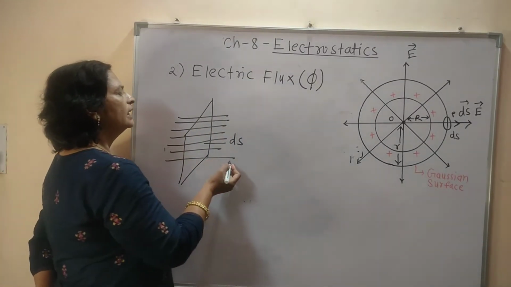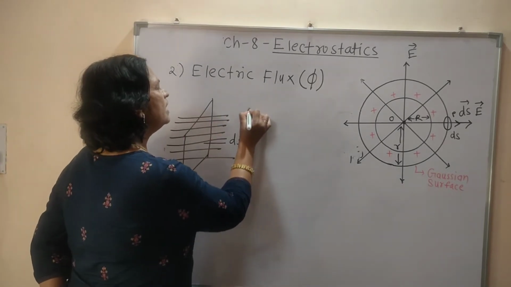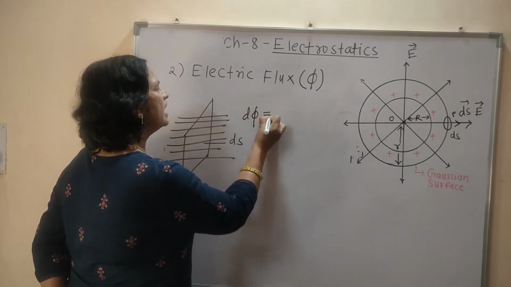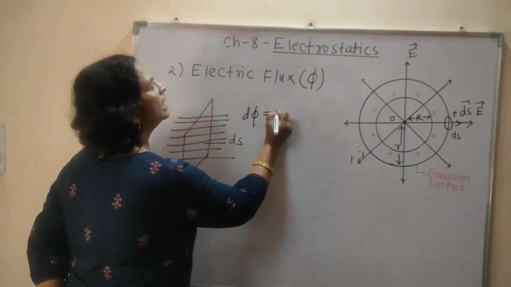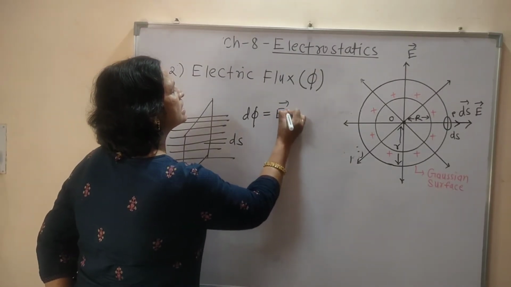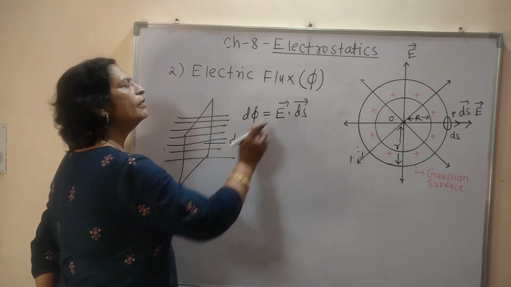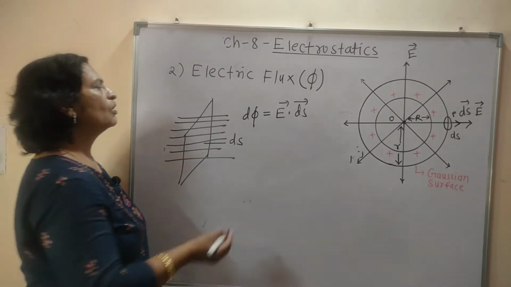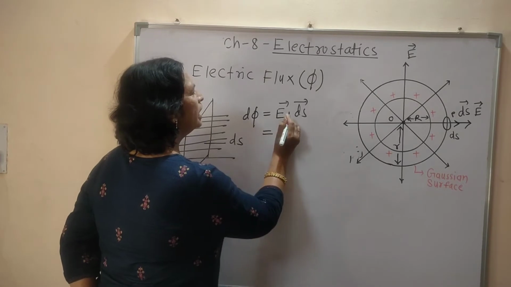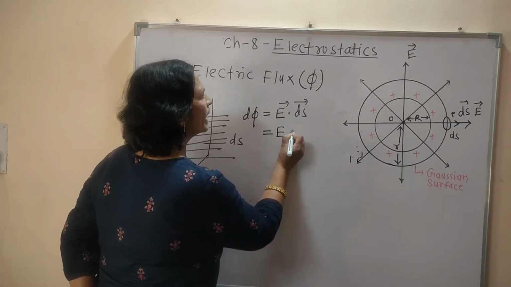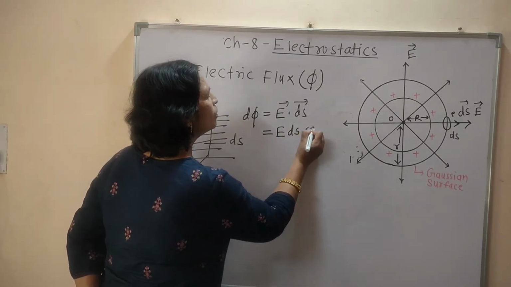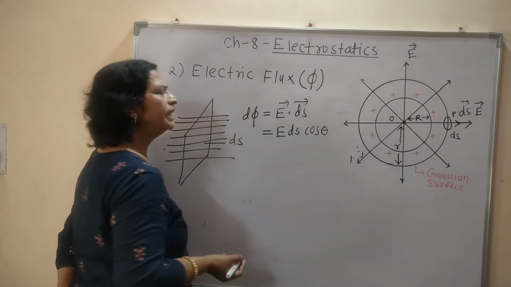Okay. Then the electric flux d phi through the area ds is E dot ds. That is the dot product. Why do we have to use the dot product? Because the dot product is the product of the magnitudes of two vectors and the cosine of the angle between them.